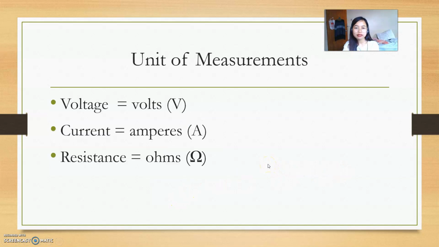Those are the formulas that we're going to apply in finding the current, voltage, and the resistance in a circuit. Let's go now to the units of measurement. The unit of measurement for voltage is volt or volts, or V. Current, its unit of measurement is ampere or amperes, and the symbol is A. And for resistance, the unit of measurement is ohm or ohms, and that is the symbol for ohm.